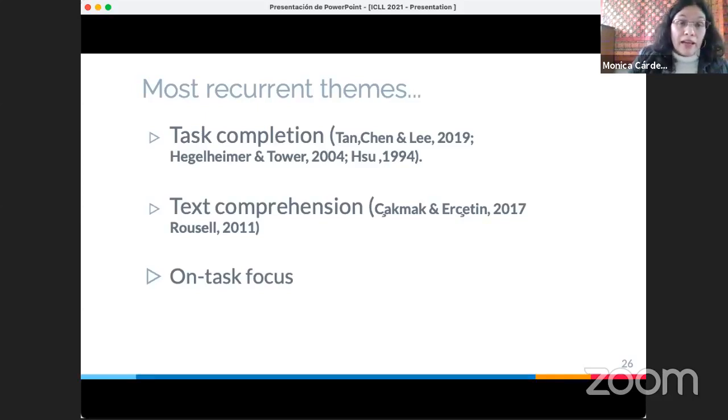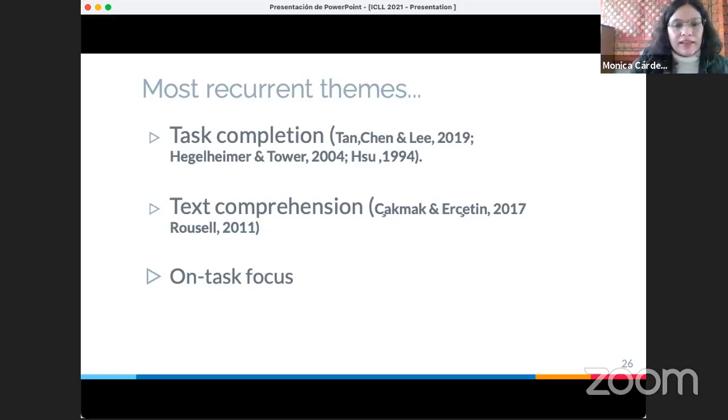Although no other study has identified reasons for using ABC buttons with low proficiency learners, as Natalia mentioned when she talked about the results of her metasynthesis, our findings align with the work of Hegelheimer and Tower 2004, Su 1994, and Tanchen and Lee, who have found that ABC buttons do help in task completion.